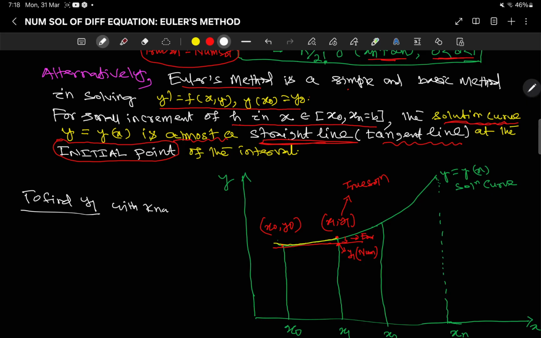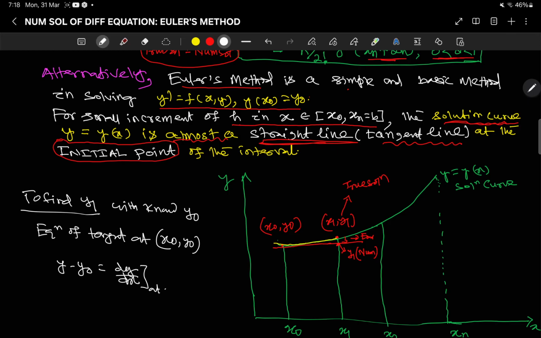Here is the equation of the tangent at the point x0, y0. So this is y minus y0 is dy by dx at this point x0, y0 into x minus x0.